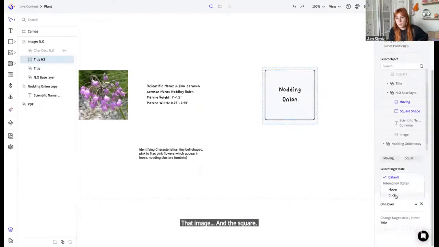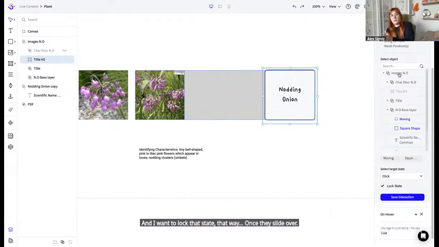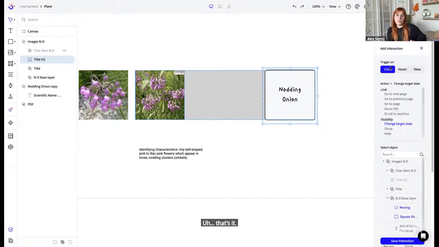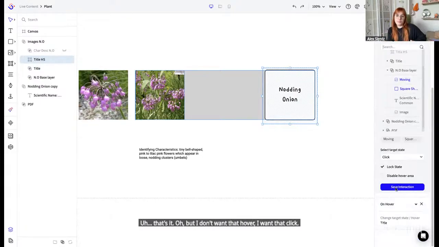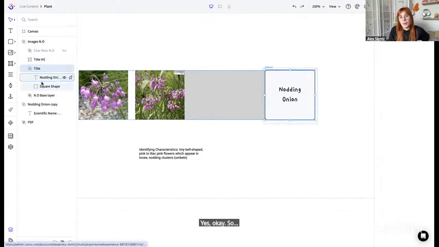And I'm going to move those both to click so that they'll slide over. And I want to lock that state. That way, once they slide over, that's it. Oh, but I don't want that hover. I want that click. Yes.